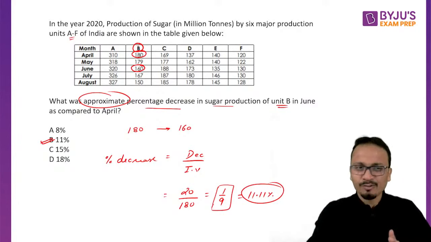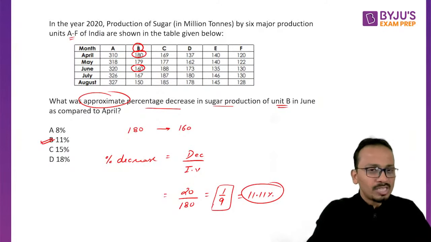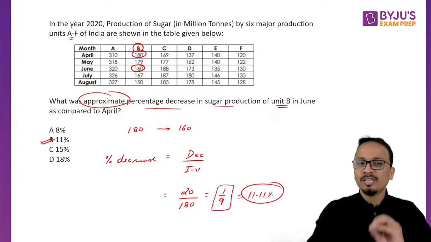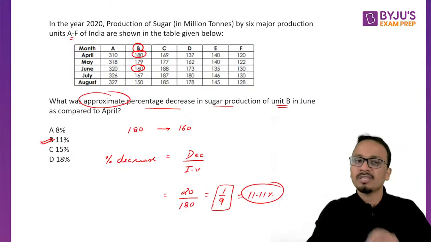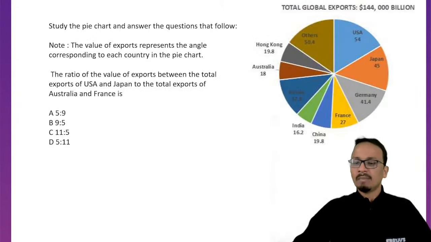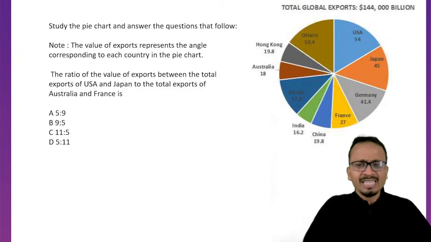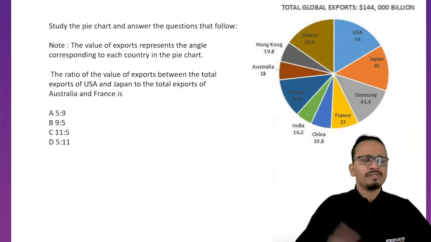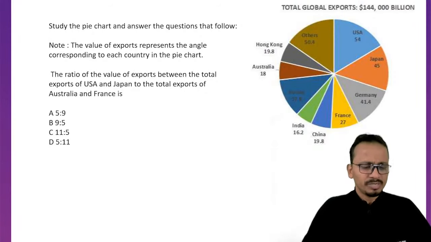Again, be careful. Just look at what is being asked and then do the calculations as per the question. Okay, fine. So let's move on to the next question. A pie chart is given to you, a very easy question. See, this is the level of difficulty that we have seen in CMAT over the previous years.